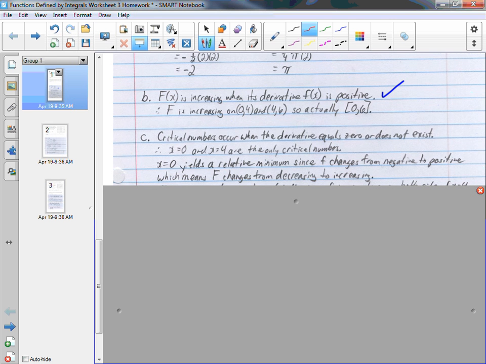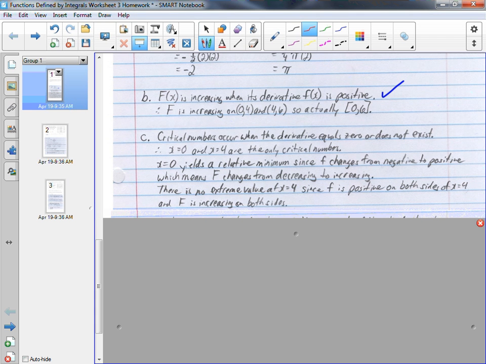And then we did not have an extreme value at 4. How come? It doesn't change signs. There is no extreme value at x equals 4 since f is positive on both sides of x equals 4.